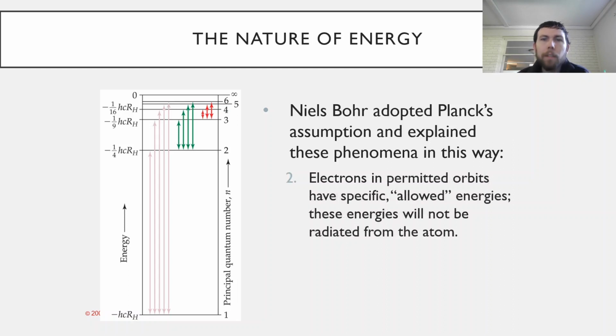The second thing that Bohr proposed is that those electrons are permitted in those orbits that have specific allowed energies, and these energies will not be radiated from the atom. Now that sounds kind of crazy, but all he's really saying is that the electrons have to have a specific energy, and they're going to be in a specific place within the atom. That's what that point's trying to communicate to us.